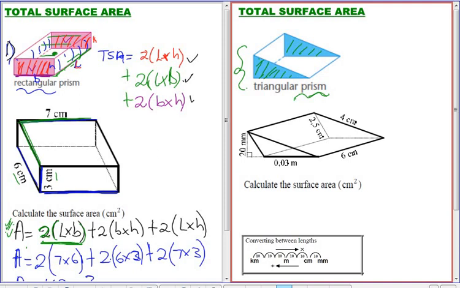So if you would like to calculate the total surface area of a triangular prism, all you need to do is to see which shapes are making the prism. In this situation, you can see that you have 2 triangles that are identical. So if ever you want to calculate the total surface area here, you know you will have to calculate the area of 2 triangles.